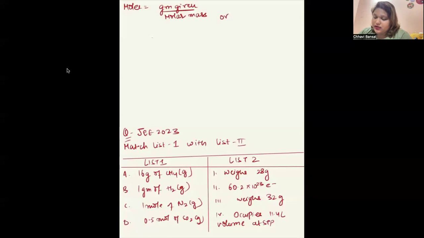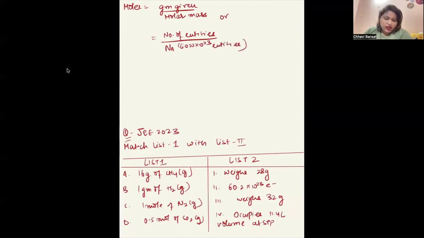Second is number of entities divided by Avogadro's number, which is 6.022 into 10 raised to power 23 entities. This will also give us the number of moles. Next is volume of gas at STP divided by 22.7 liters at STP.